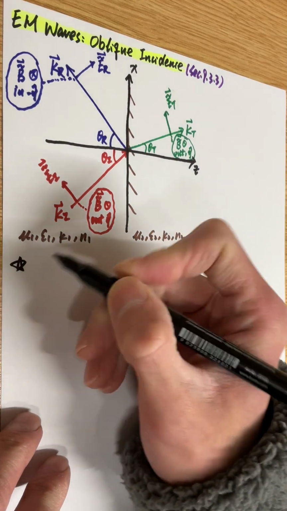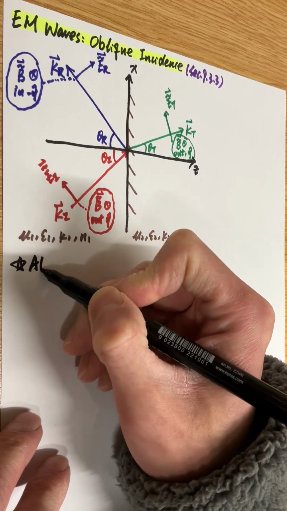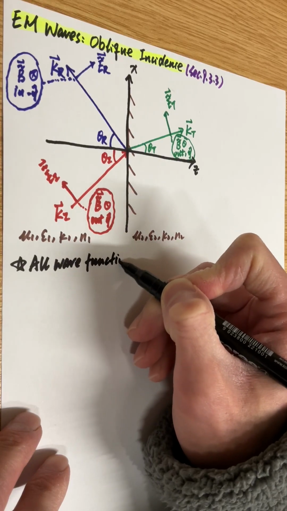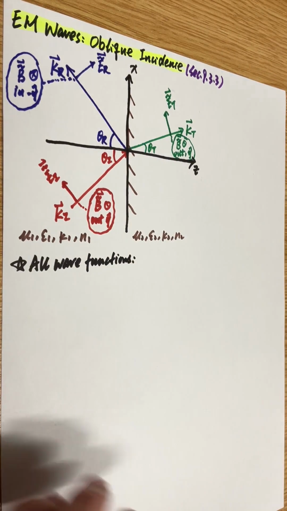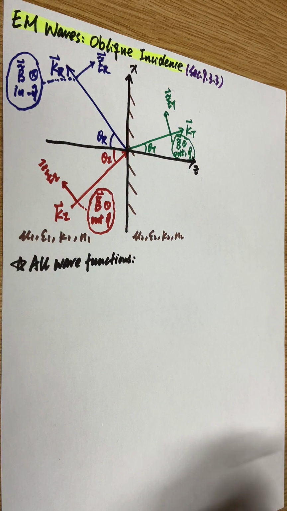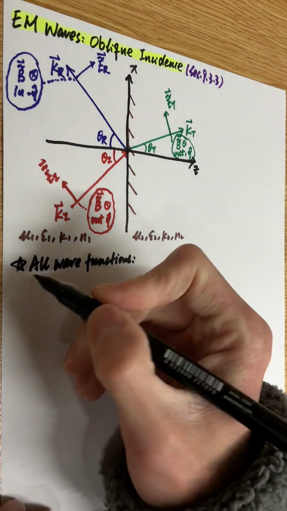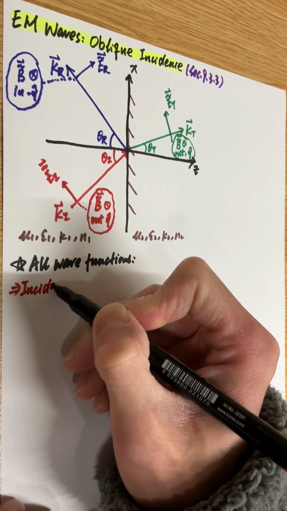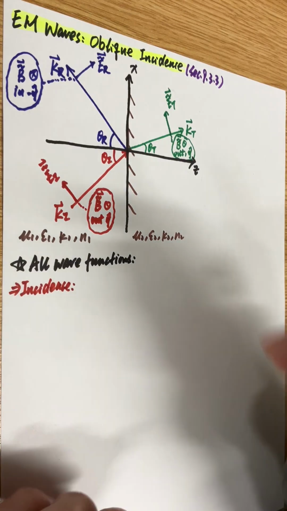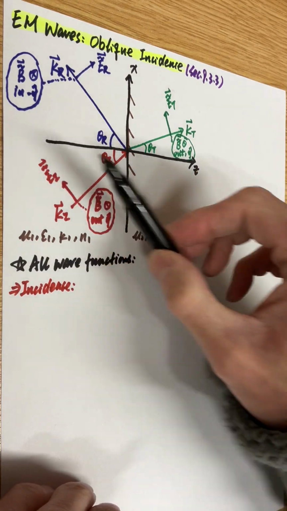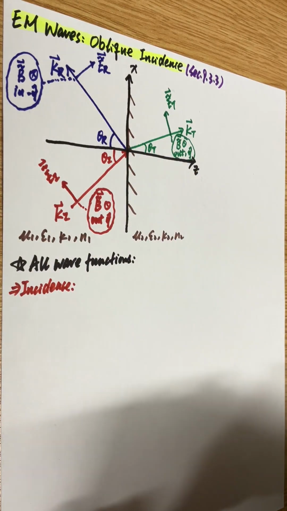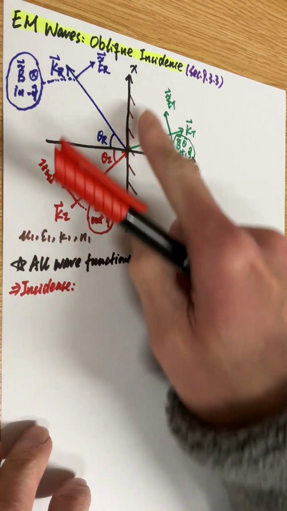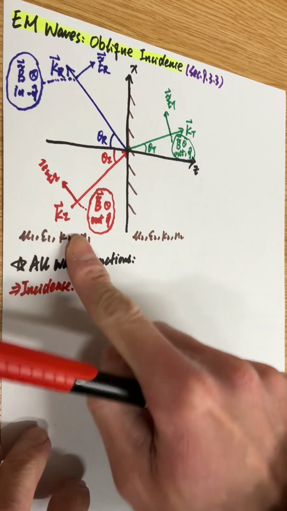So we have to work out all the wave functions. First, the incident wave, which is the most important starting point. Here, the polarization of the E field is in this direction, which means it has some horizontal component and some vertical component.